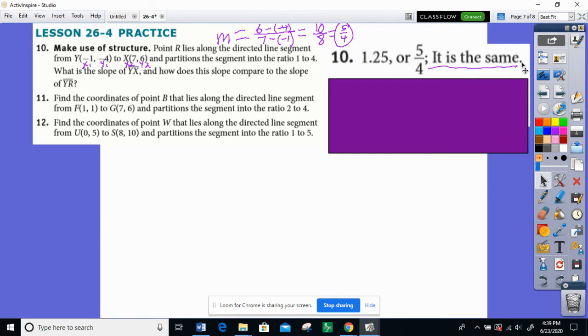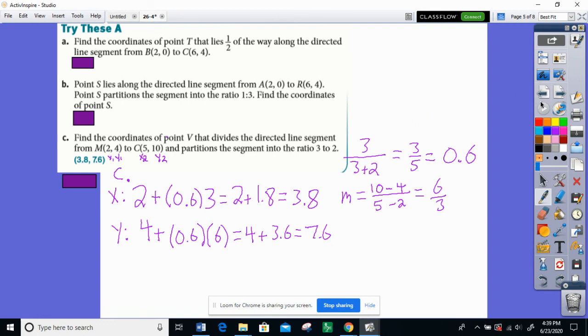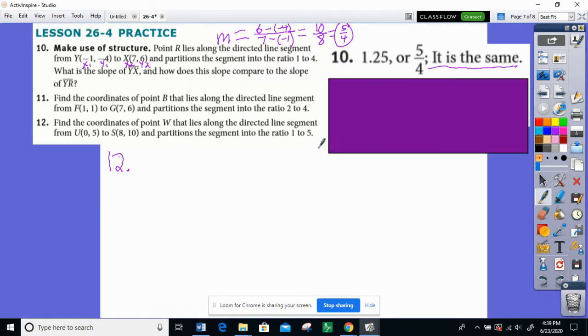All right, so let's work out one where it has a smaller value at the beginning of the ratio. Okay, let's work out number 12. So let's see, I guess the first thing that we did was we converted the ratio to a percentage.